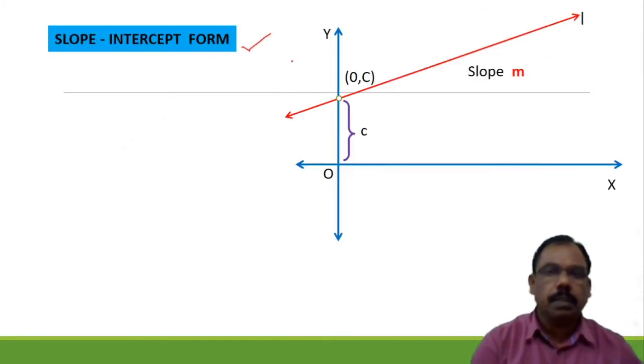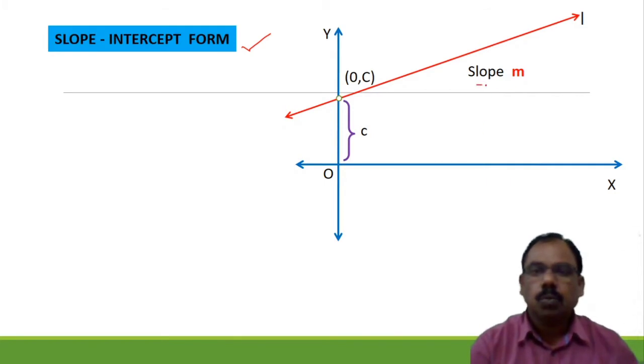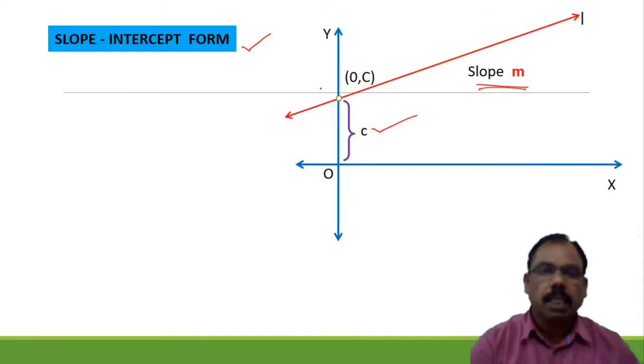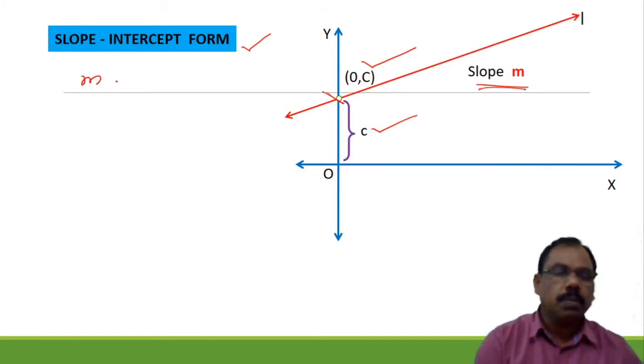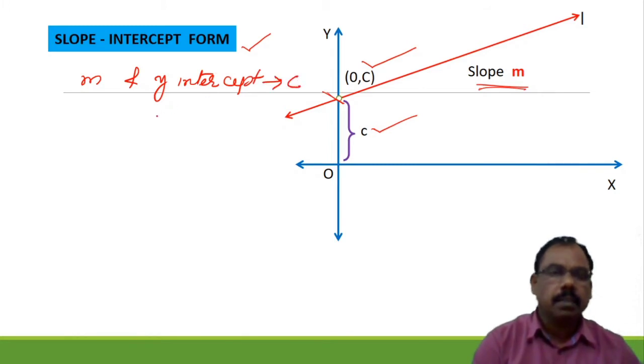Slope-intercept form. That means we have a line whose slope is given to be m and y-intercept is c. Since the y-intercept is c, we know that the line is passing through the point (0, c). We take (x1, y1) equal to (0, c).